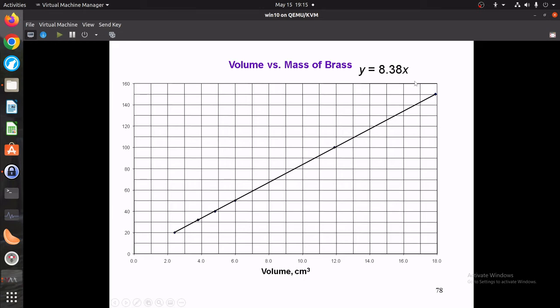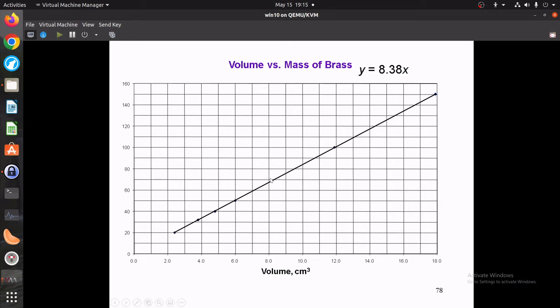The slope of this line is going to be the rise over the run, or the mass over the volume, and we're able to see that we get 8.38. In this case it would have been grams per cubic centimeter as our density. So this is a technique that we can use to take that raw data and narrow in on what the actual value is for our density.